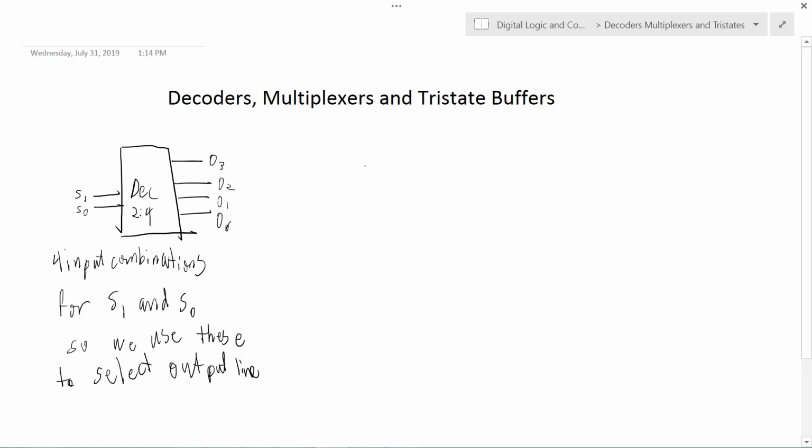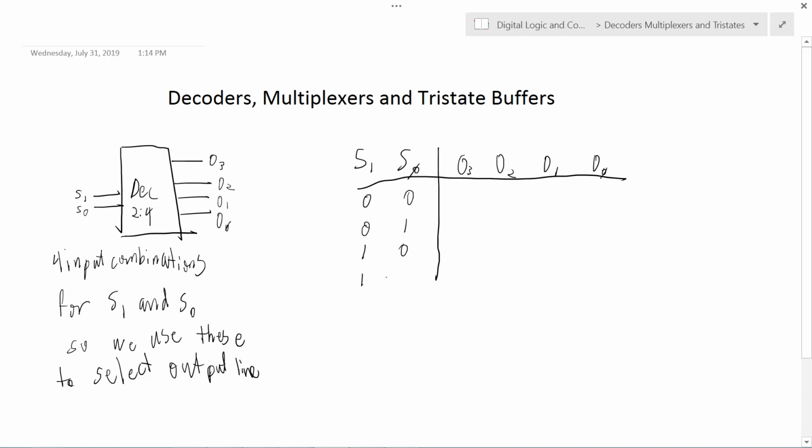How does the truth table look? Well, we have S1 and S0 as input, and we have 4 outputs, O3, O2, O1, and O0. The four input combinations are 00, 01, 10, 11. For input 0, 0, we output a 1 for O0 and zeros for the rest.